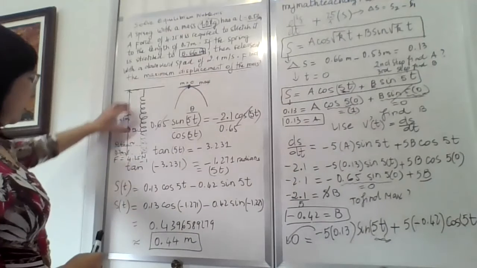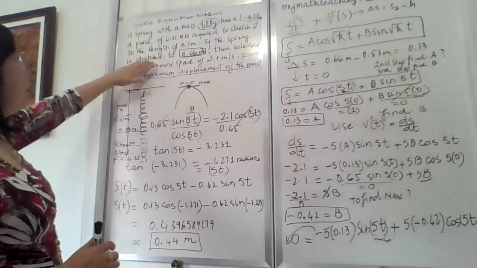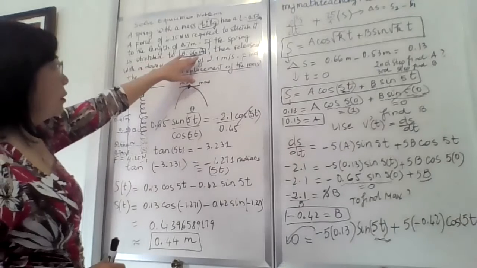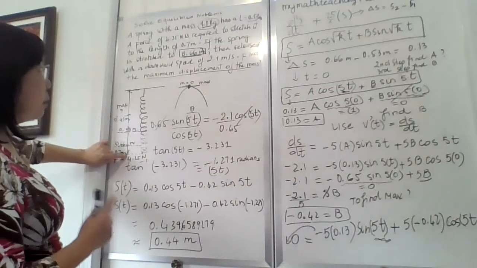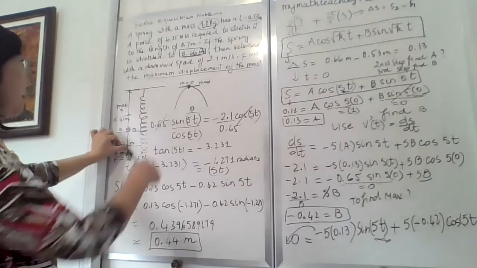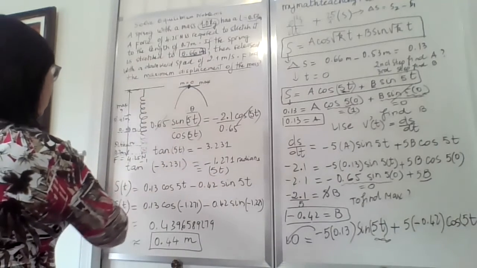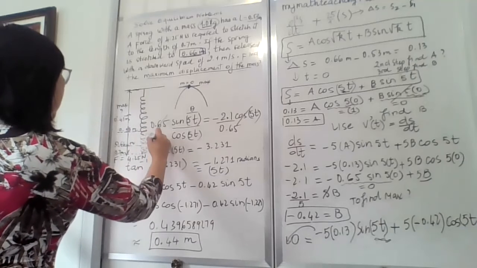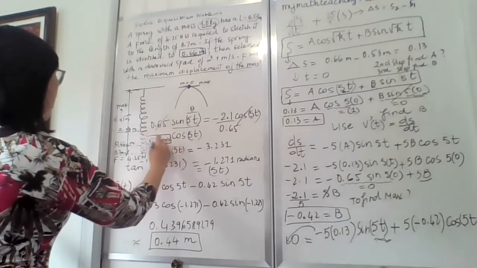But the question asks, if the spring is stretched to 0.66, so if it's stretched up to here, not up to 0.7, then it is released with a downward velocity equal to minus 2.1 meter per second, right?